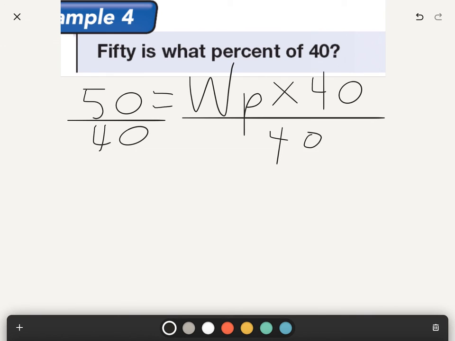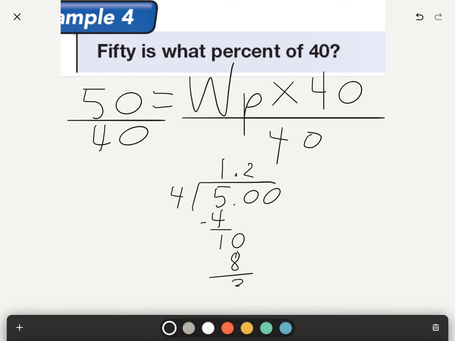And then just need to break that down. So 1, 2, 5.